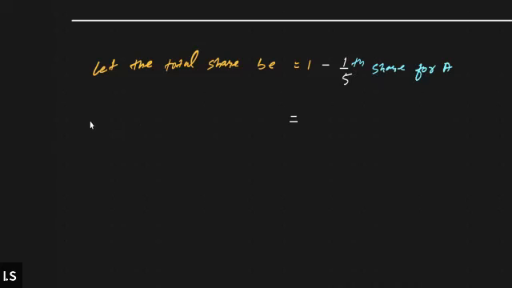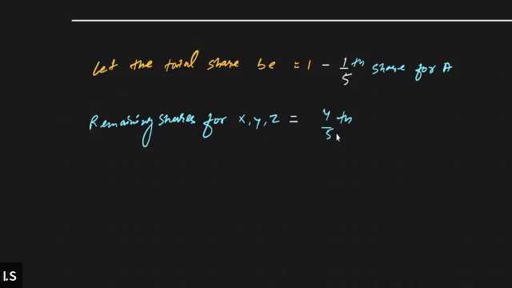So what will be the remaining share for the other partners, X, Y, and Z? It will be 4/5. Is that correct, Zainab and Shifa?